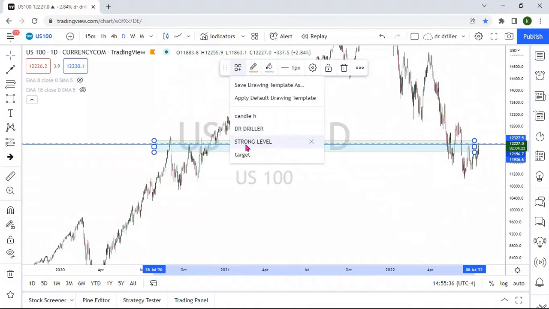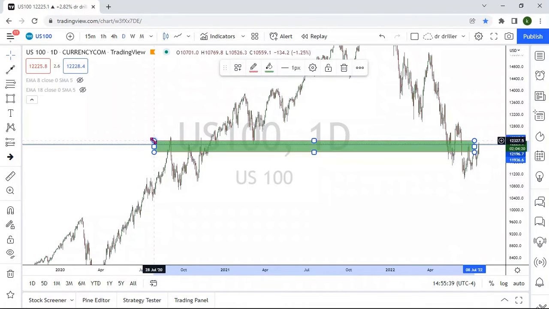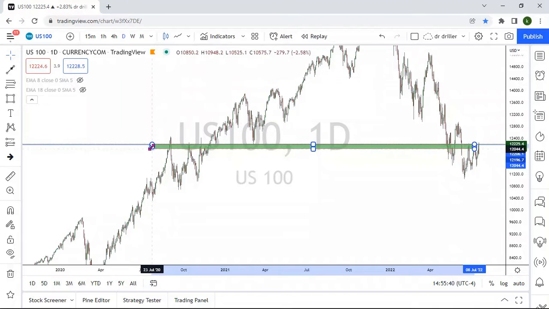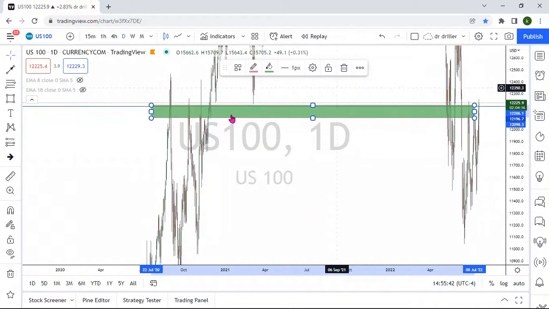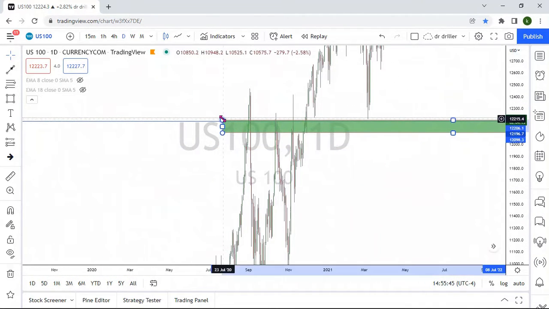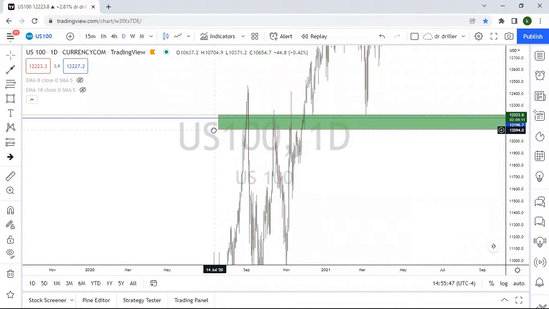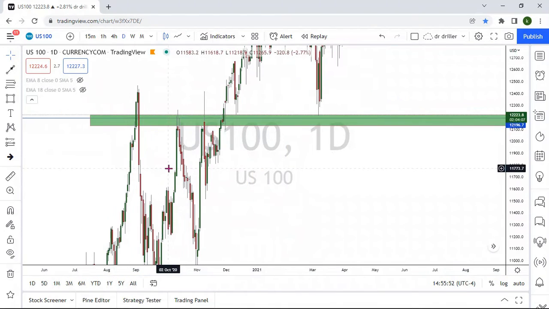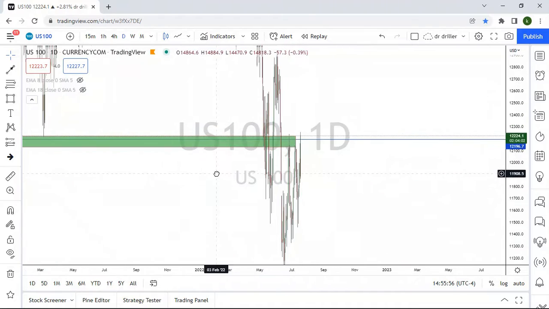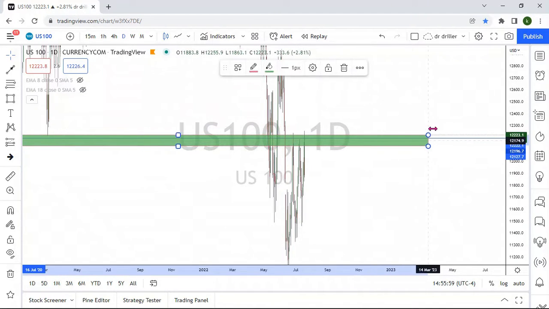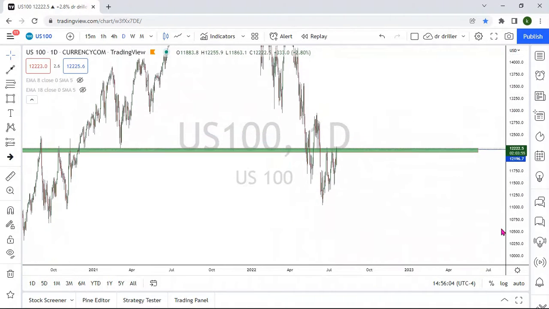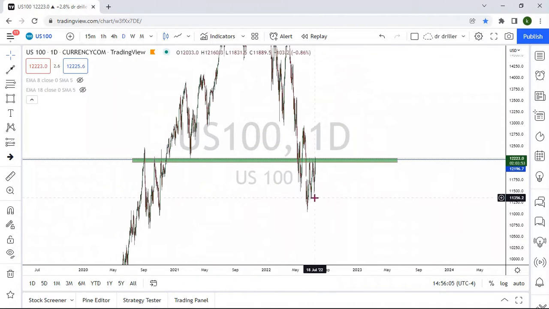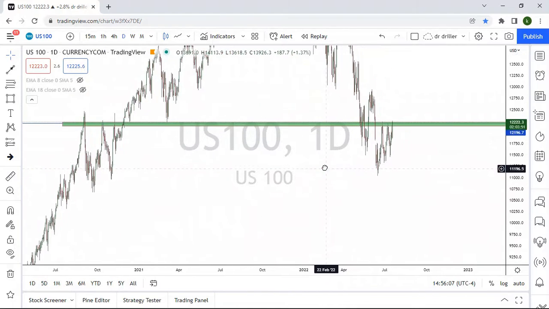Yeah, I think it's fine this way. This is a respected level right here. You have to respect it and mark it out. It's like a stronger level, right?